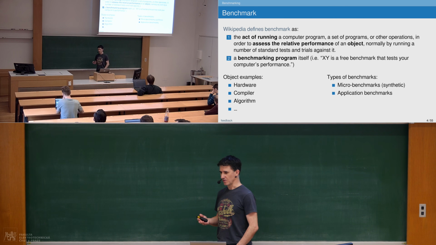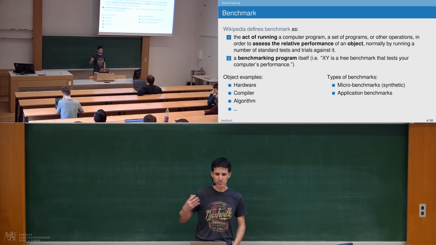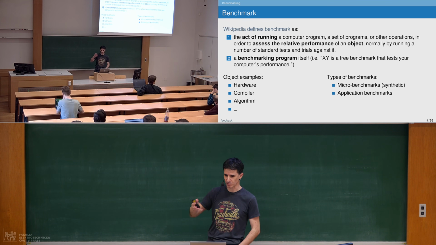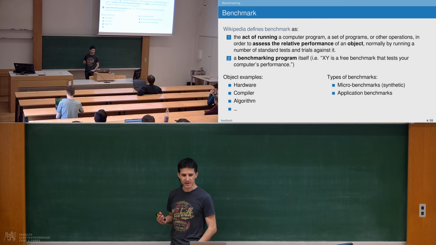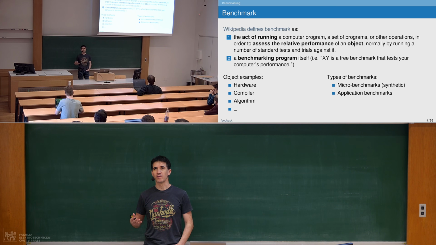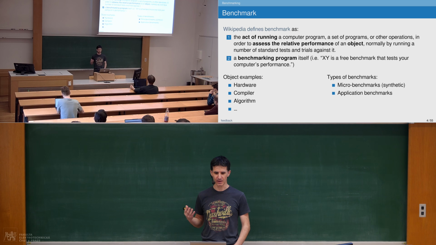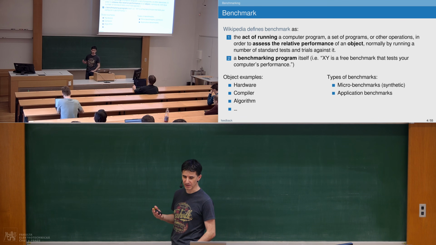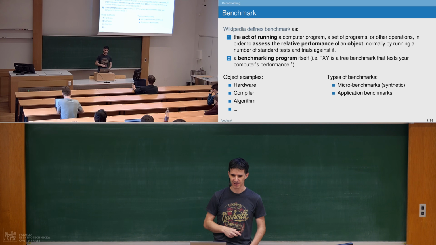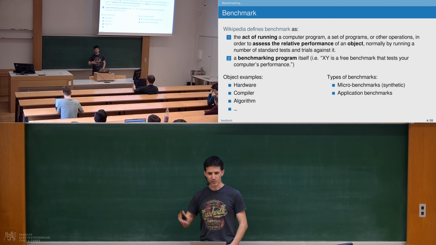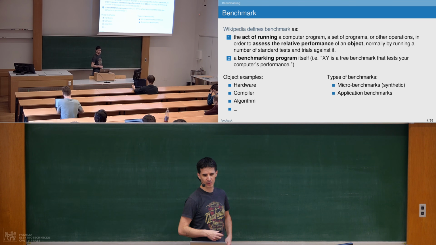So here we are talking about efficient software, so we will talk about benchmarking software, which means either algorithms, programs, applications, and so on. The other meaning of the word benchmark is the program which performs this measurement, this assessment. There are some well-known benchmarks for whatever you are interested in, GPU performance and whatever, but we are not going to talk about a specific benchmark, we will talk about what's behind it.